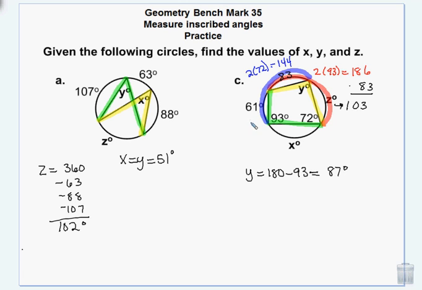Which way do you guys like better? Subtracting everything from 360 or doubling and subtracting 61? Okay, so I'm going to double 87, which is going to give me 174. And then I'm going to take 61 away from that, which is going to give me 113 for X. So far okay? Not too bad?